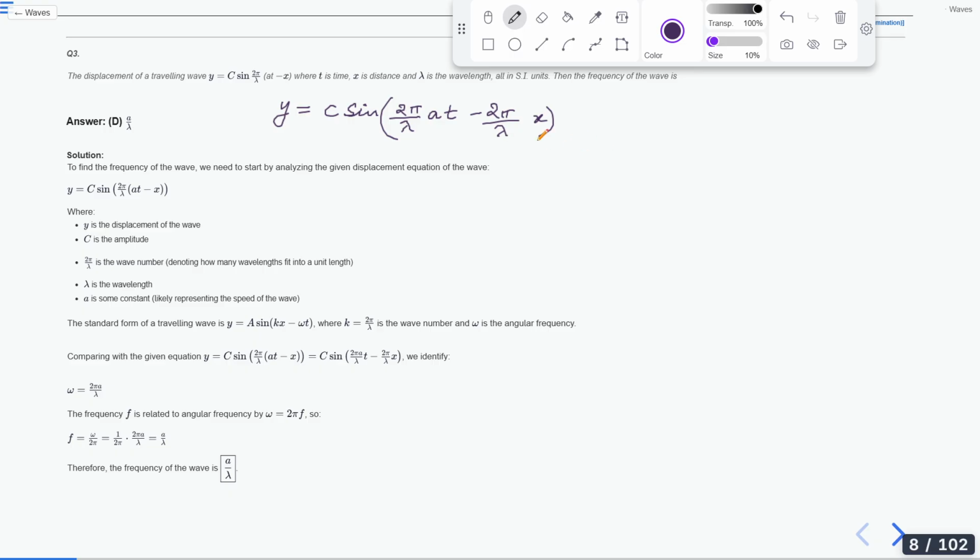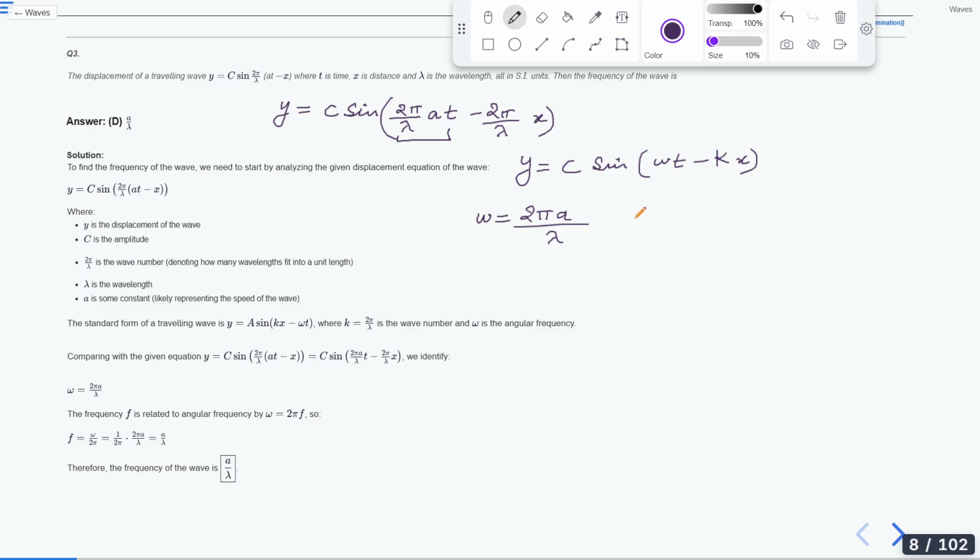From here you can compare it with the standard form, that is C sine omega t minus kx. So omega from here is 2 pi a by lambda.